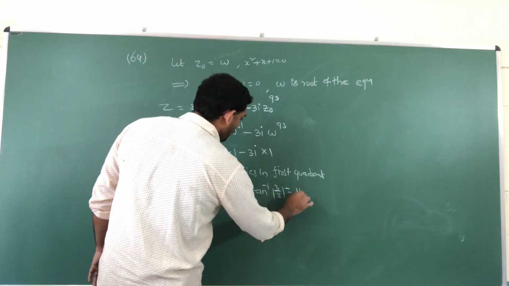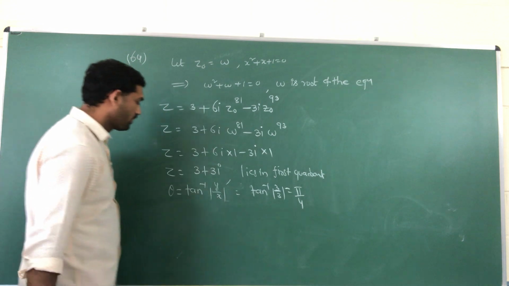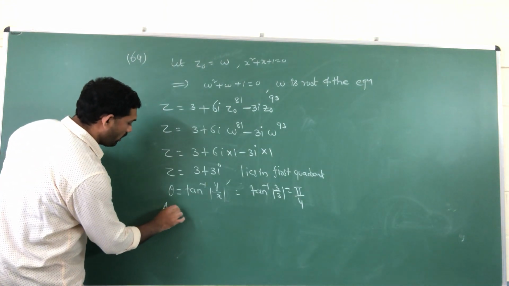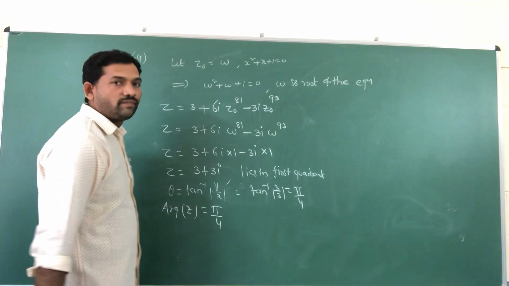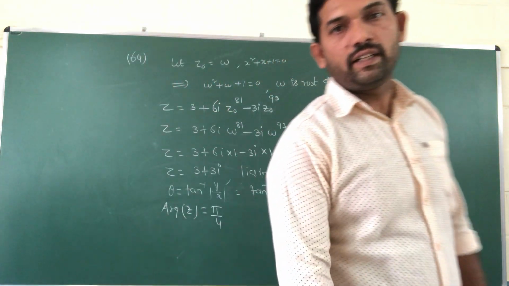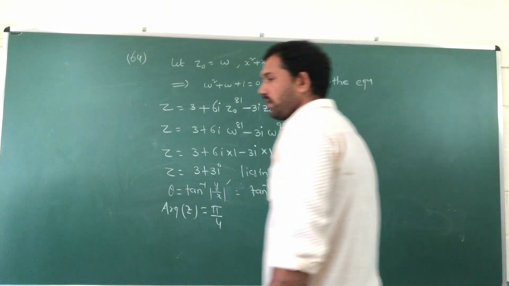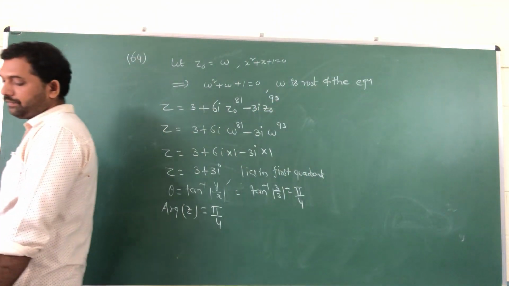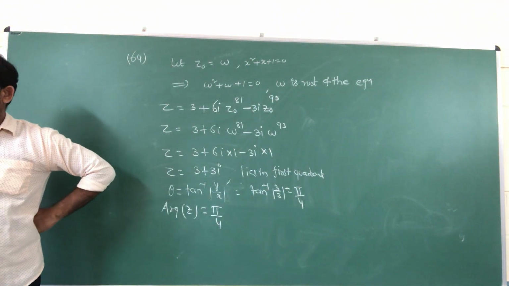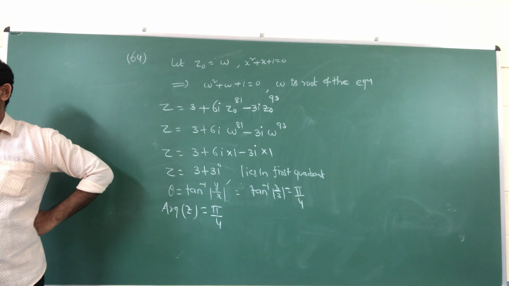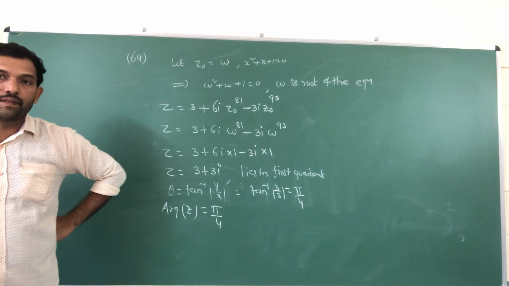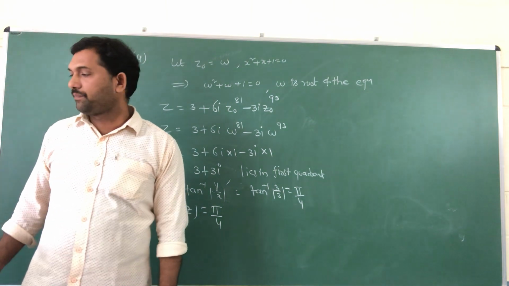So tan inverse of 1 means pi by 4. So the argument of Z is equal to pi by 4. Very simple question. Pi by 4 is your answer.